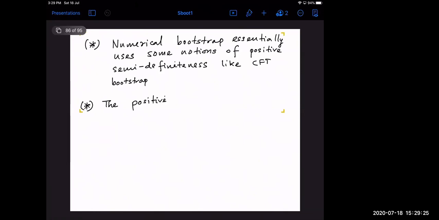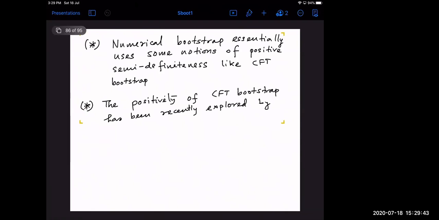The positivity of S-matrix bootstrap has been recently explored in the context of positive geometries.